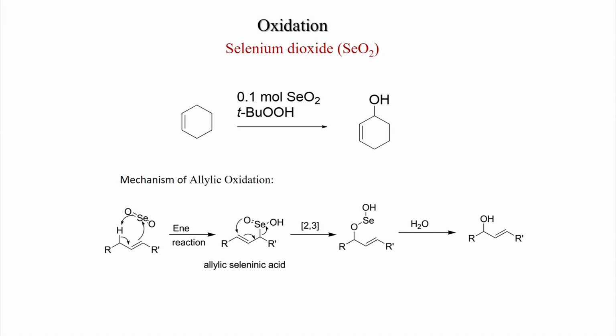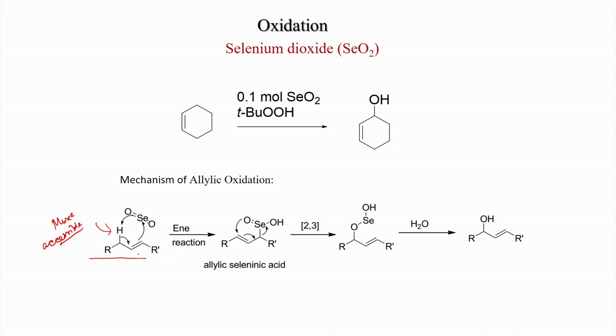This is the mechanism of this allylic oxidation. So, what happens, this allylic CH, which is more accessible, reacts with this oxygen here, and now this double bond migrates.